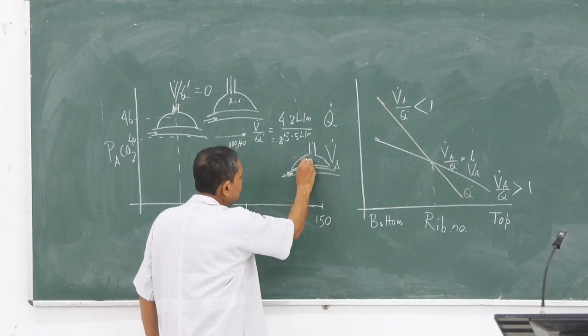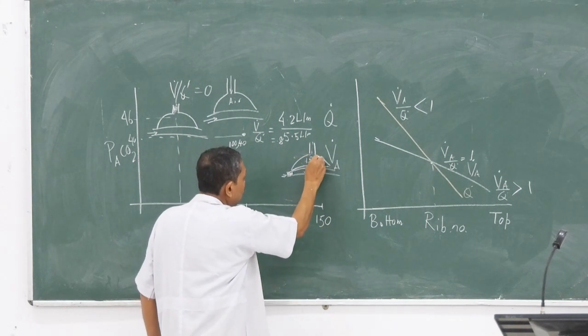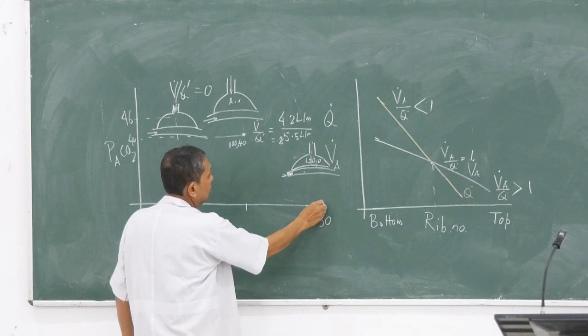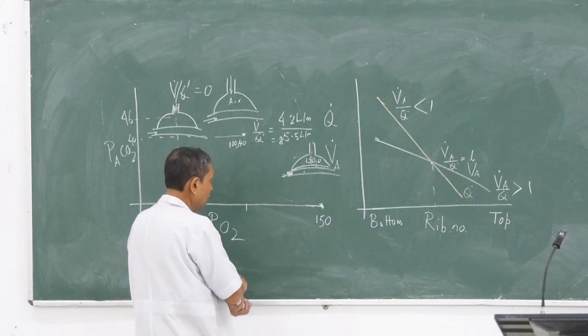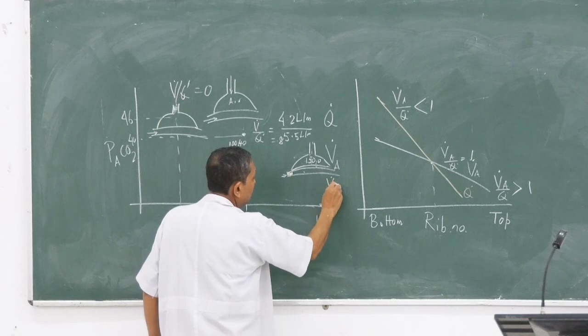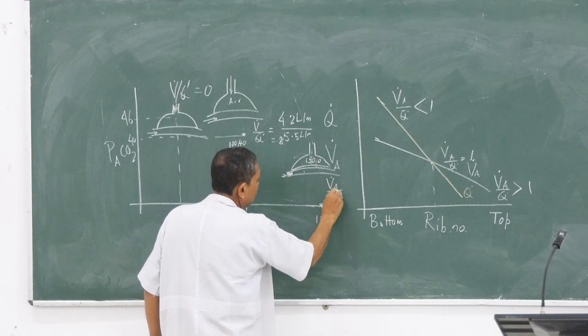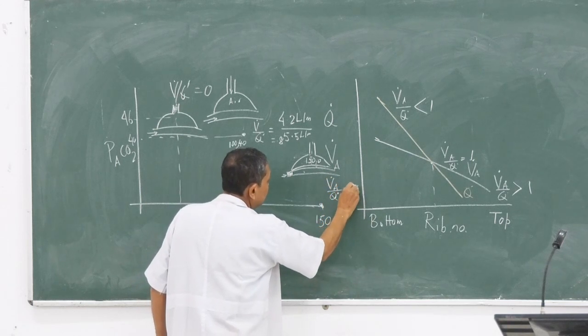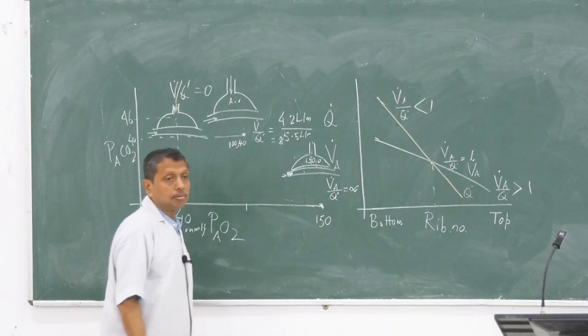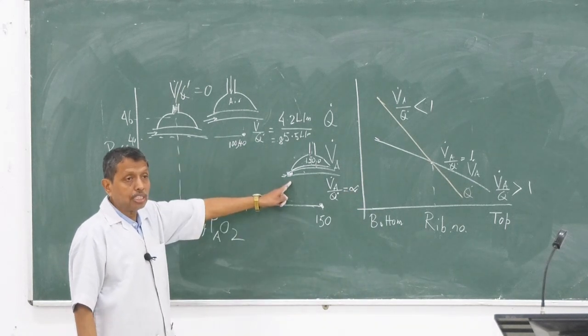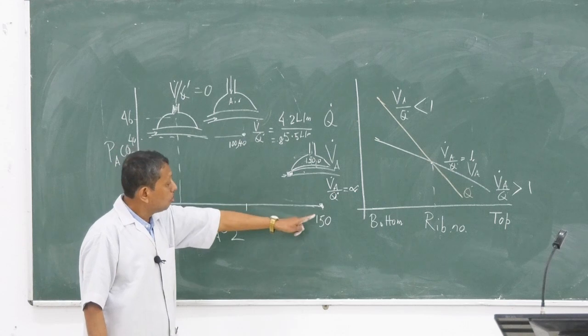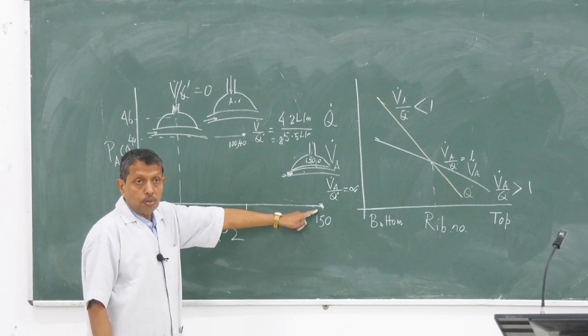So in this case, it is 150, 0. This is the point. Here the ventilation perfusion ratio is infinity, because there is no perfusion, there is a block. So it will attain this value.